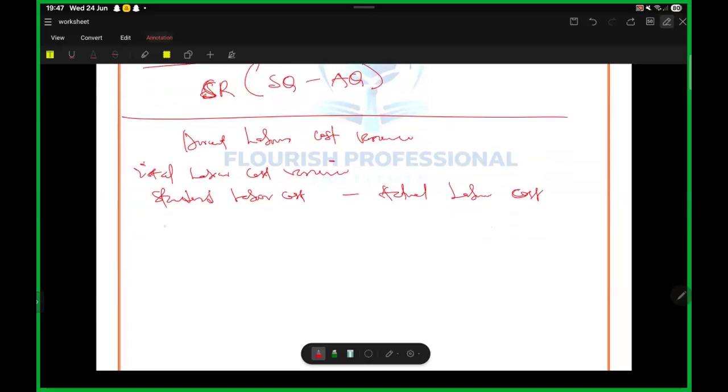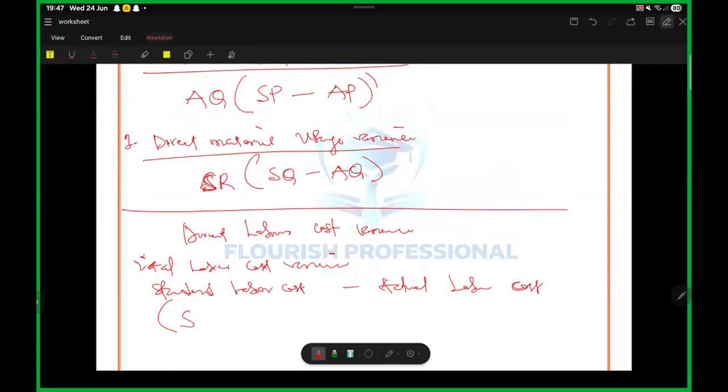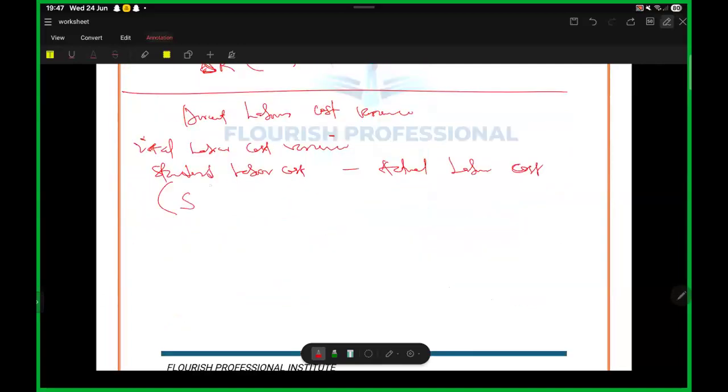For standard, it becomes standard rate times your standard hours, then minus actual rate times actual hours for the total.